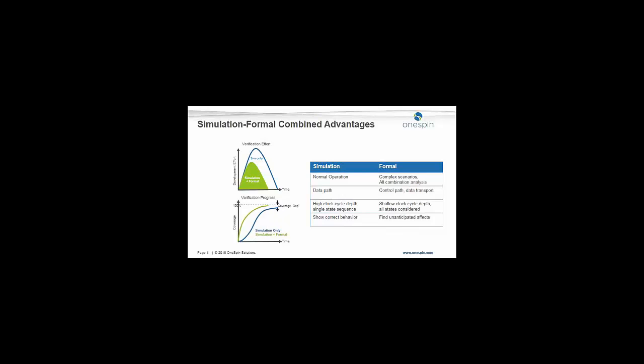So simulation is really good for showing that correct behavior happens, and formal is excellent at finding unanticipated effects, really corner case bugs that are hiding somewhere and are very difficult to find.